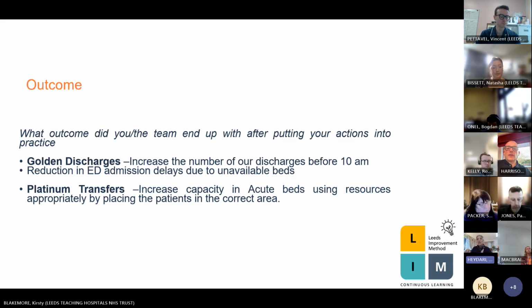So all the nurses, particularly the nurse in charge, knew what was going to happen that day in the morning before 10 o'clock. Everybody knew they had to create this capacity. And that was the biggest advantage for us, empowering our nurses, knowing their business, and also reducing the waiting times in ED.